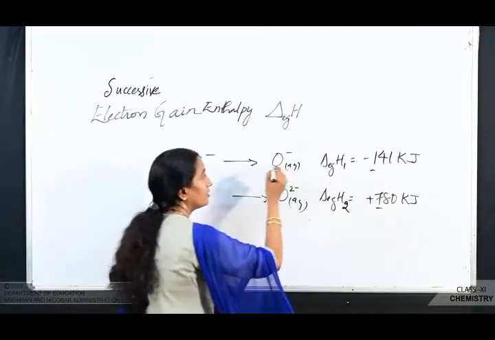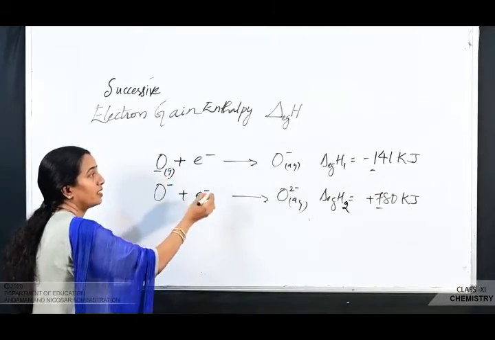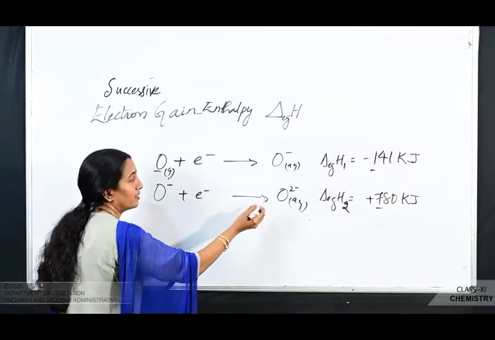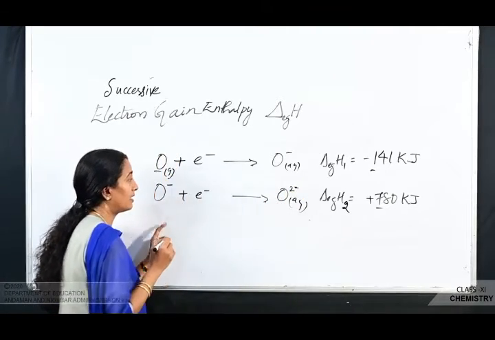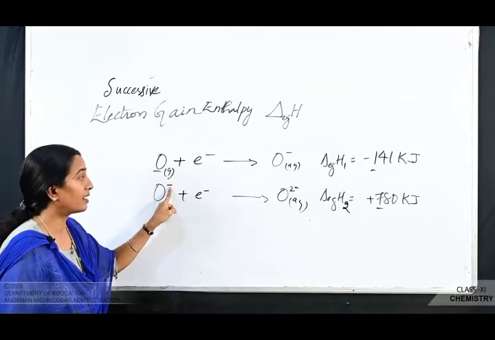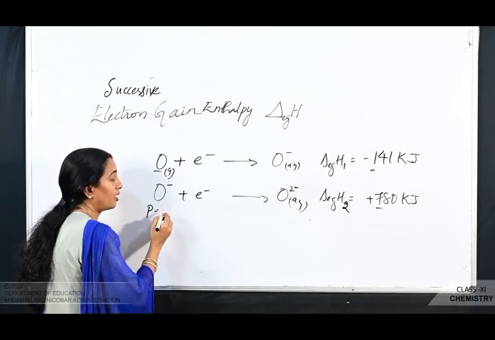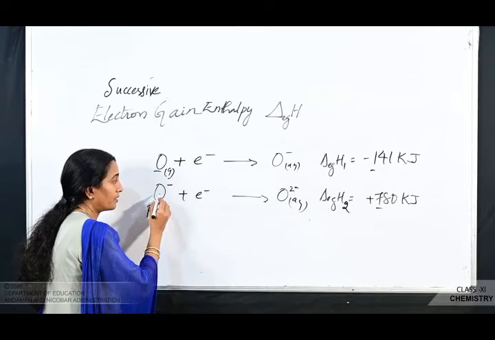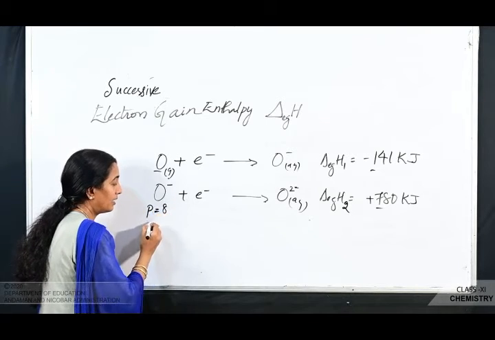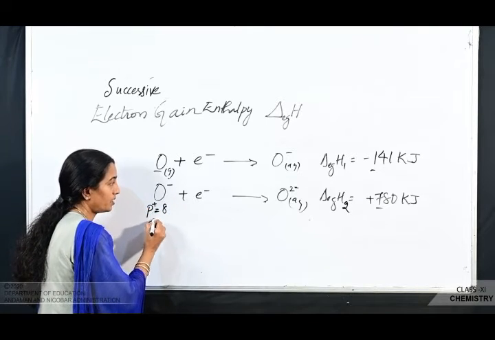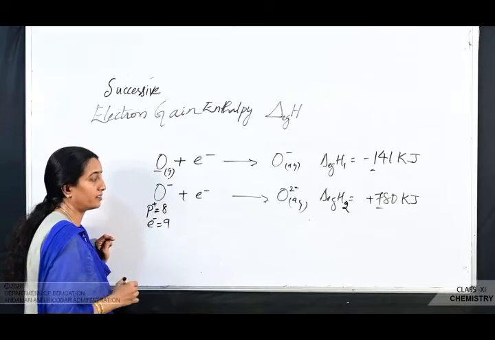क्यों ऐसे हुआ? The reason is that again here, यहाँ पे इलेक्ट्रॉन ऐड करना है, here the protons remain the same, प्रोटॉन चार्ज सेम है. यहाँ पे क्या हो रहा है, ऑक्सीजन का प्रोटॉन 8 है, इलेक्ट्रॉन it is 9 here.